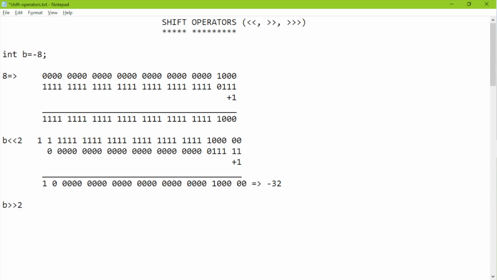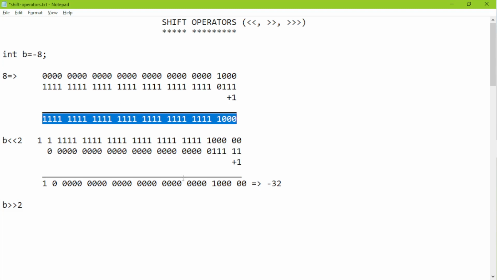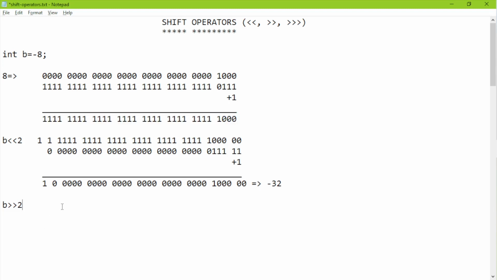B right shift by 2. Okay, so we have the binary representation of minus 8. We can take that. Now we have to do the right shift operator. Right shift operation means the right side 2 bits will get truncated, so we have to delete them, and on the left side we have to add 2 bits.